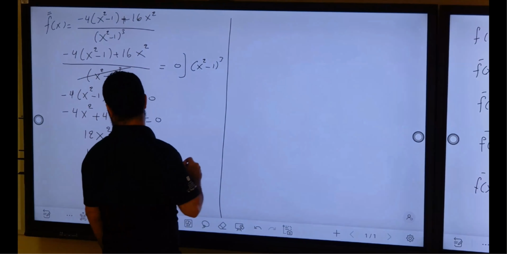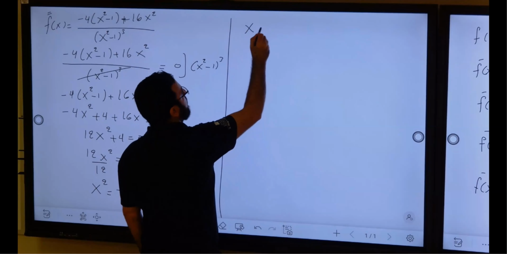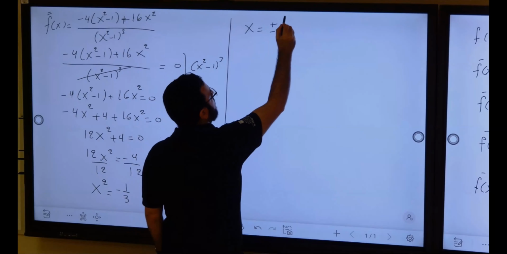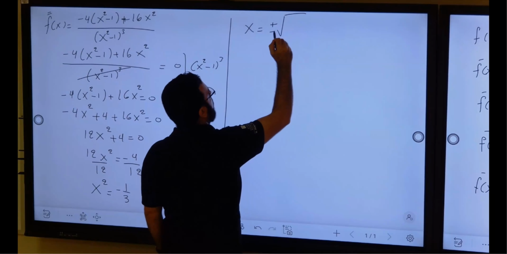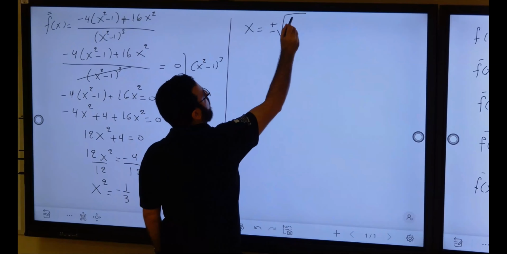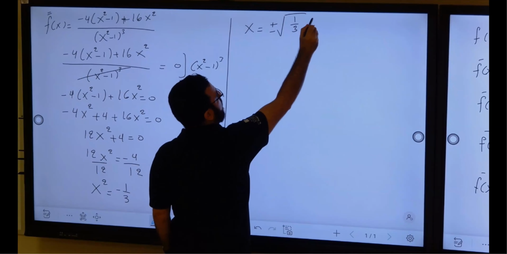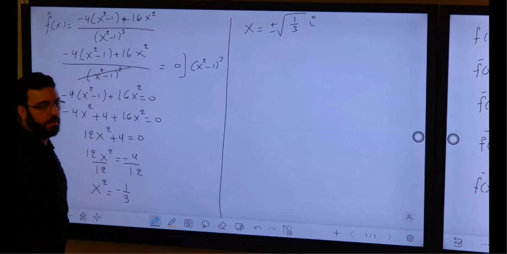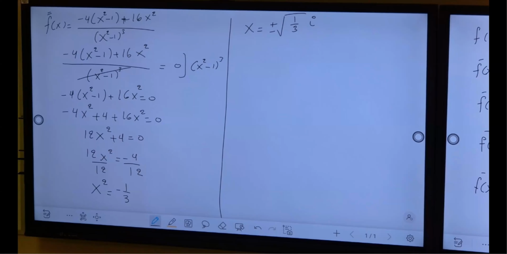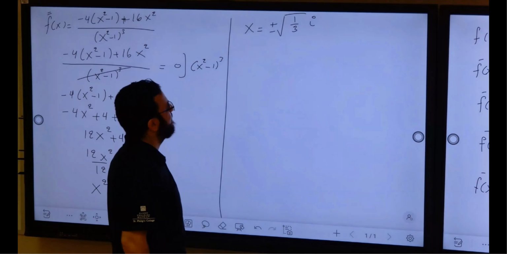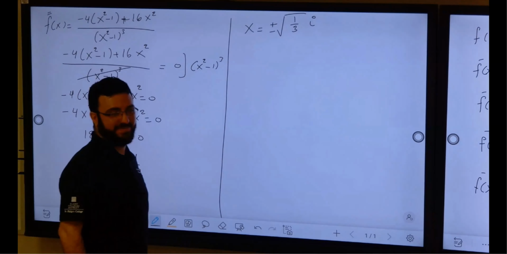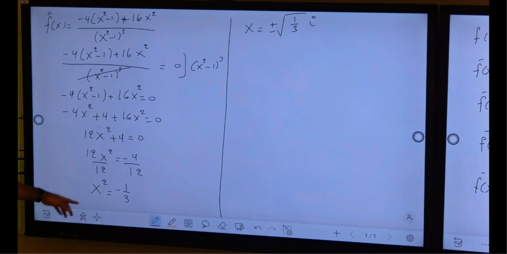I get mad, because x is going to be plus or minus square root of 1/3 what? 1/3 i. Imaginary number? Yes, because we have a negative number taking the square root of both sides. All the work for nothing.